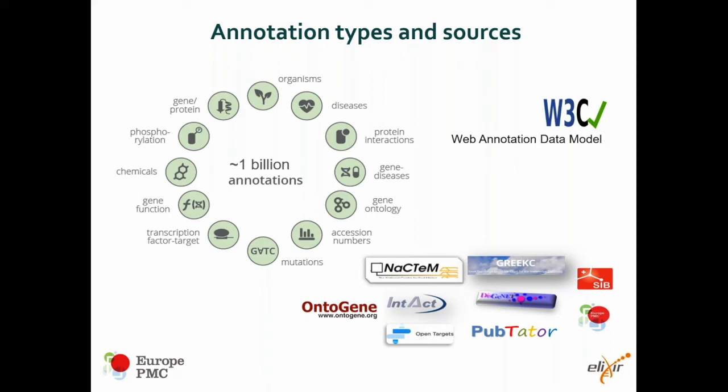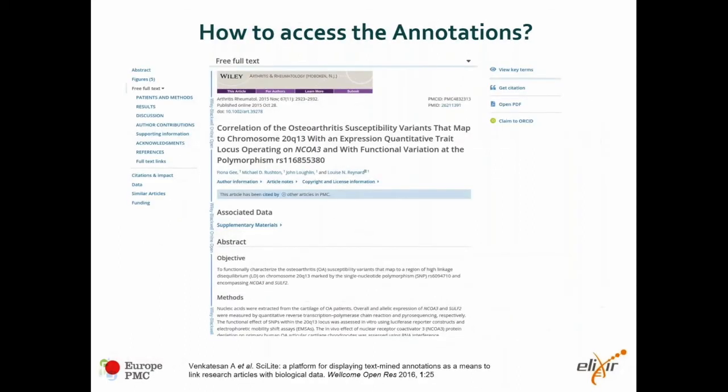So coming back to my original aspect of how you can access these annotations, there is a typical article page on Europe PMC. As you can see on the right side, you have a View Key Terms tab.